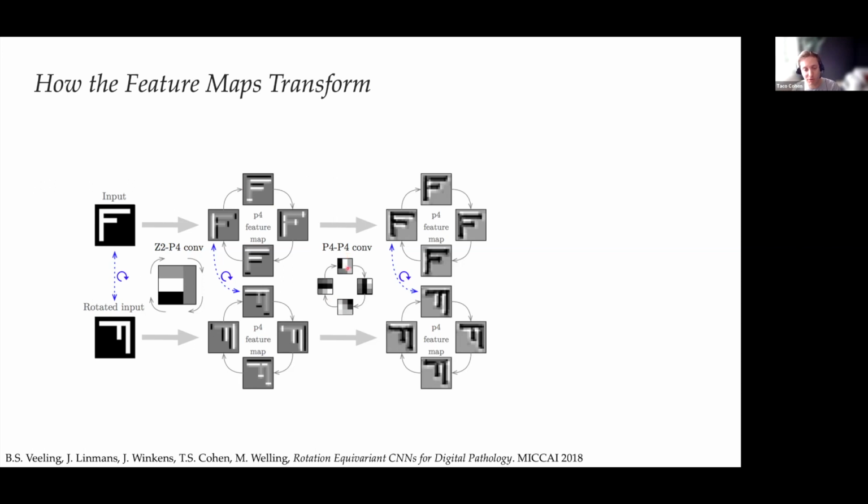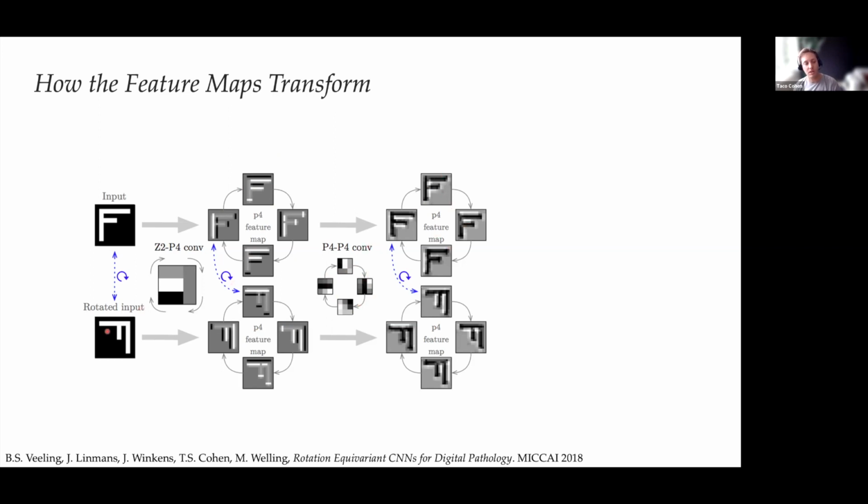So we can convolve such a filter translationally with this stack of 4 feature maps to produce 1 output feature map. But then, according to the same philosophy as we used in the first layer, we're going to rotate this filter, and rotation means rotating each channel and cyclically shifting them. And what you can see is that if you do this, you get 4 filters, so 4 output feature maps.